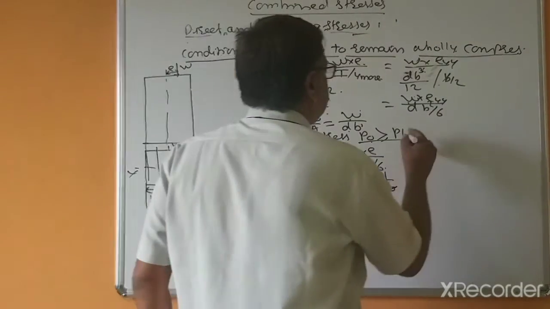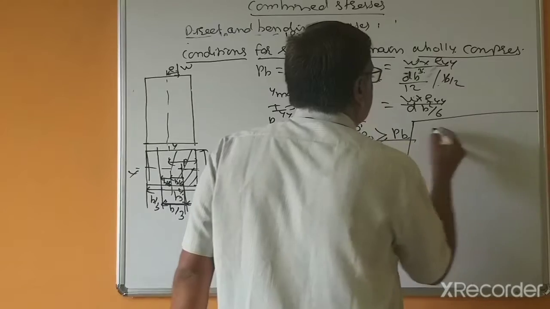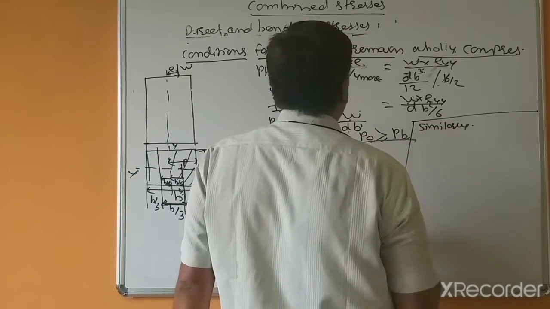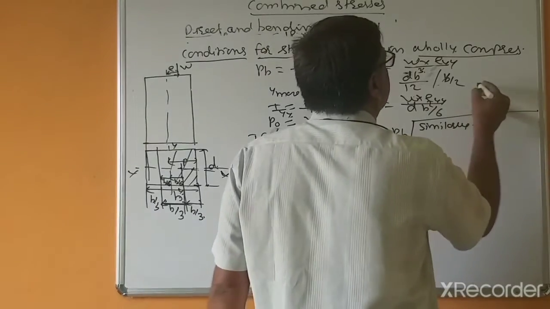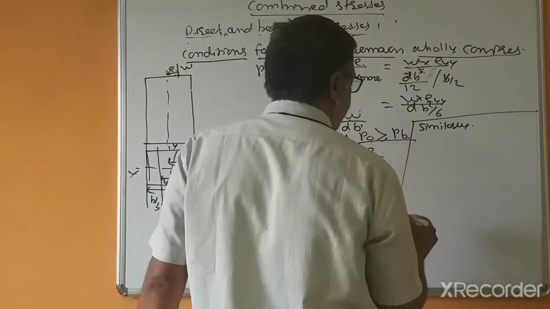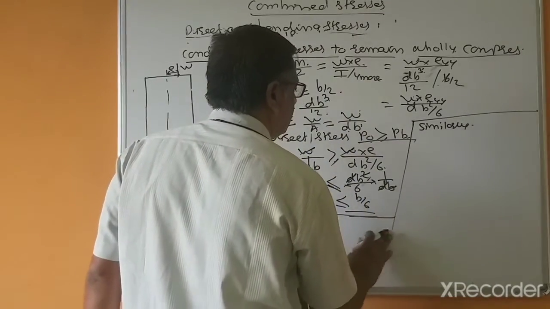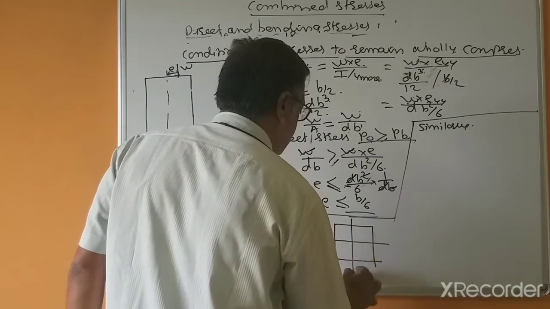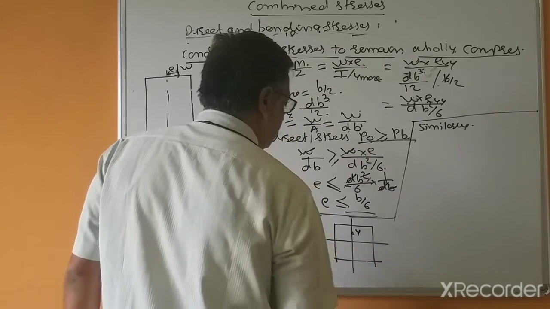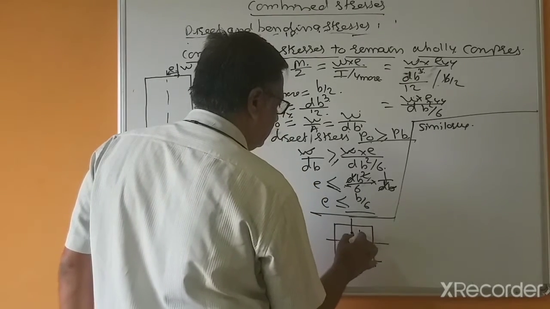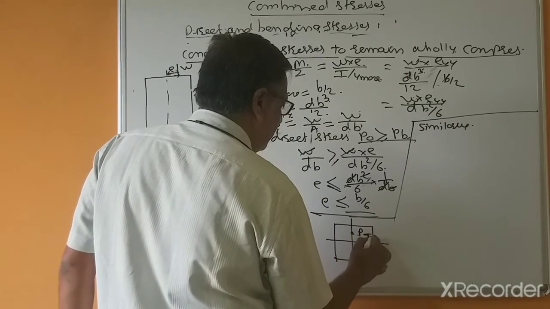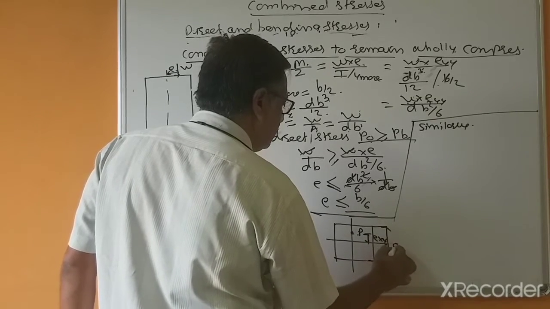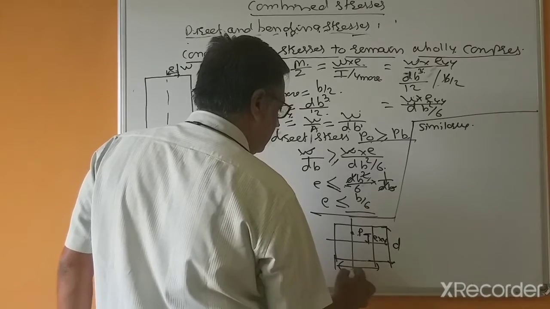Similarly, suppose next case, this is the load point here. So this is the load point. So this distance is called EXX. In this case, this is D and this is B.